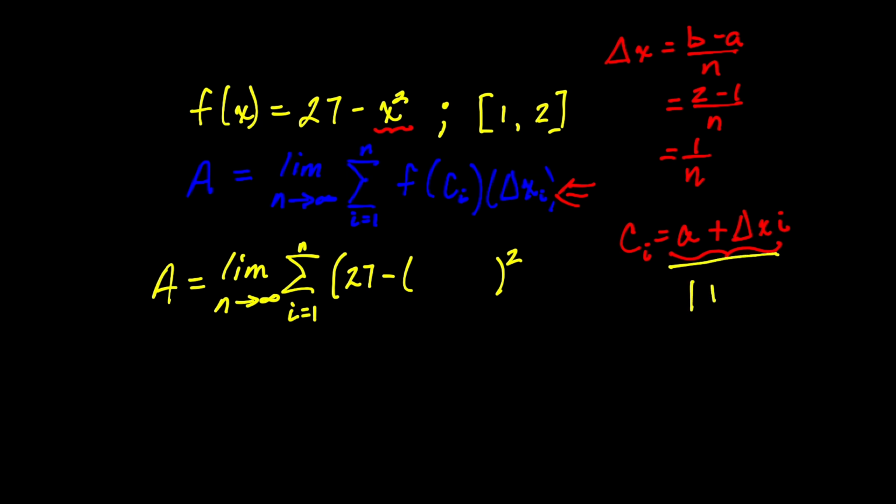It's going to be 1 plus, and I'm just going to leave delta x i alone for now. I'm going to wait until I substitute all my n's. So that's going to be 1 plus delta x i. And the whole thing is being multiplied by delta x, which is going to be this 1 over n. But like I said, I'm going to wait until I substitute my n's for that.